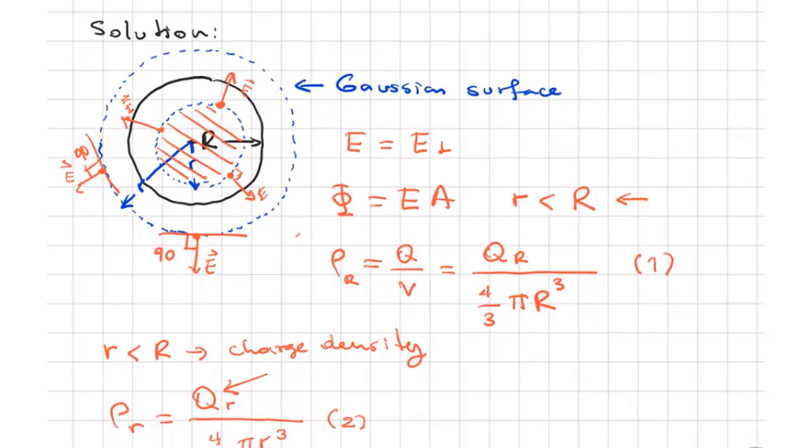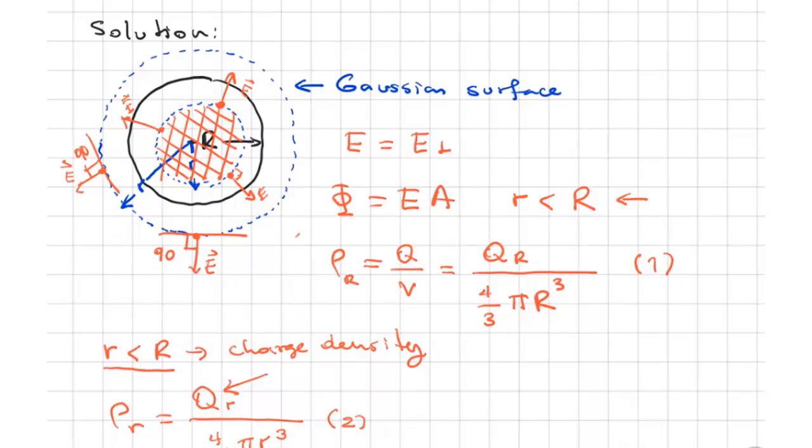The sphere where I am drawing these lines is the inner sphere, the sphere inside the big one. That's the sphere enclosed by the Gaussian surface, and the charge in that sphere is this Qr, when r is smaller than the radius of the sphere.